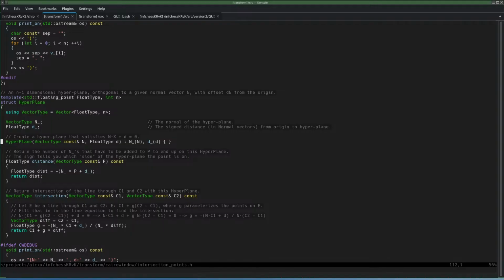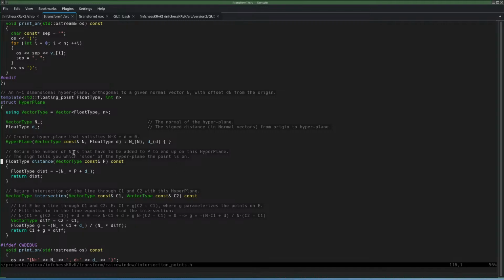Let me see. So if this is 0, this means that x is perpendicular to n. So the length of n is not important. We still have the same plane. We might get a problem with the distance.